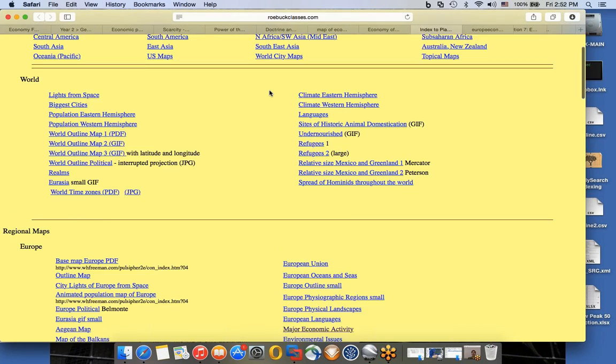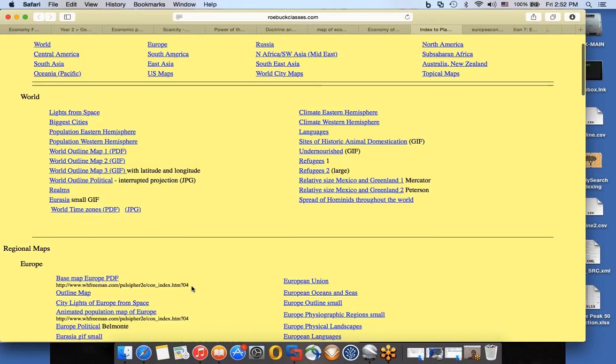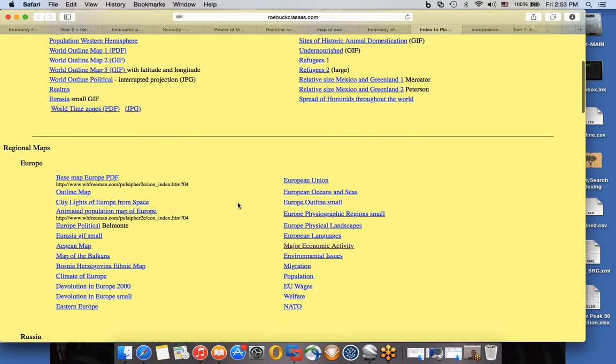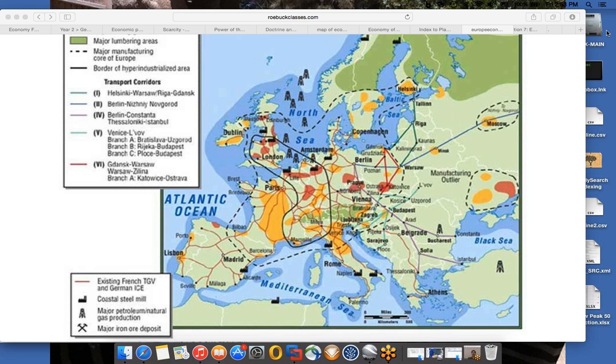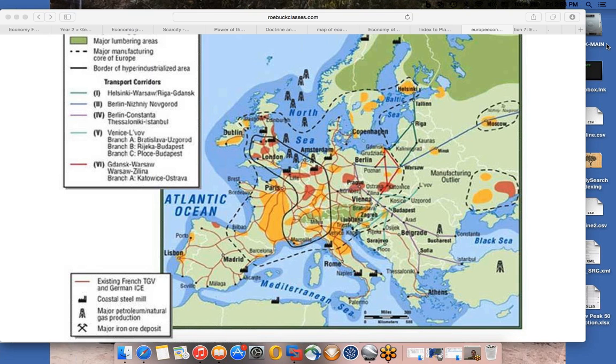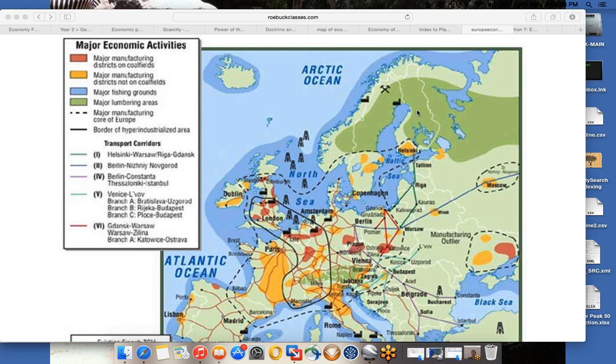I found this site that has lots of different maps, and for Europe it has mapped where there's major economic activity. This is the map that website shows, major economic activities, and I really like this map. You can use some of these maps to draw your own map.